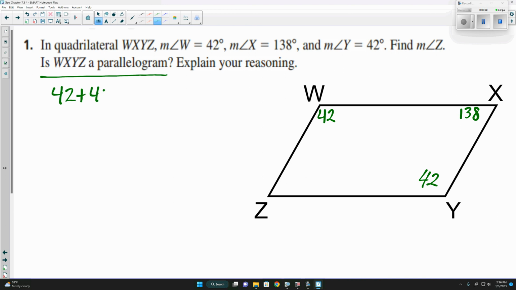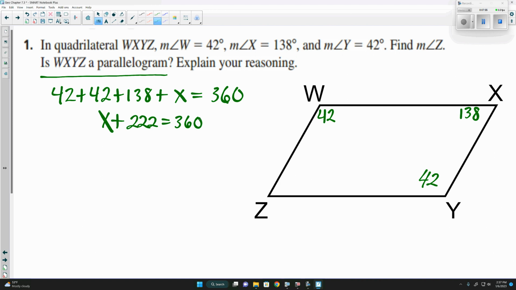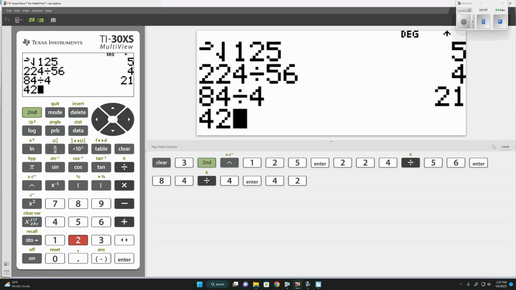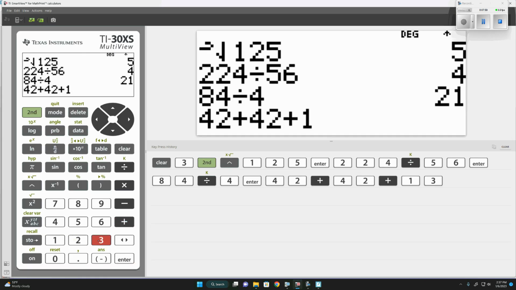Now, if we add 42 and 42 and 138, since it has four sides, the sum of the interior angles is 360. So 42 plus 42 plus 138 is 222.